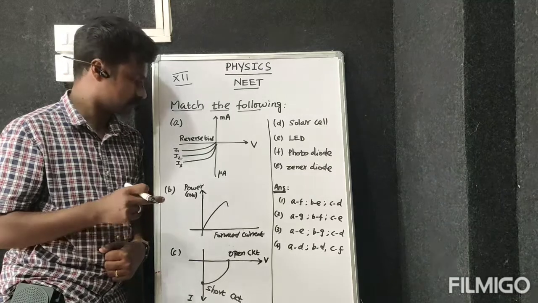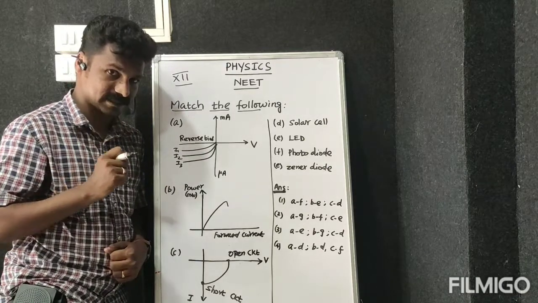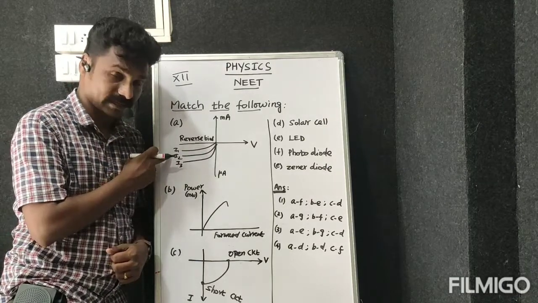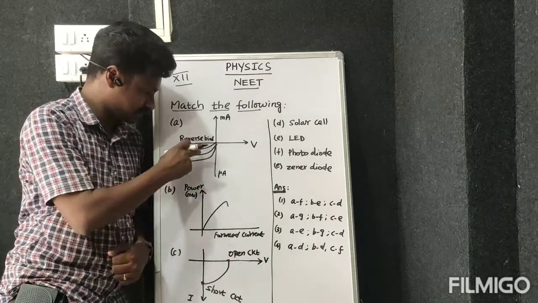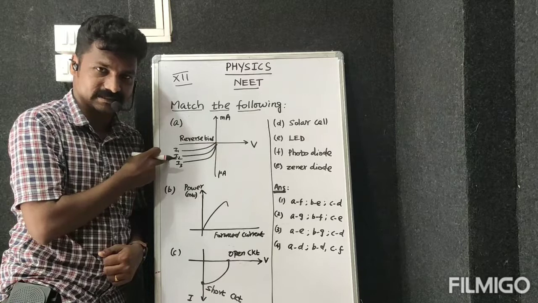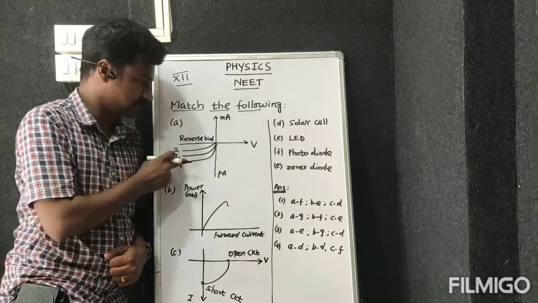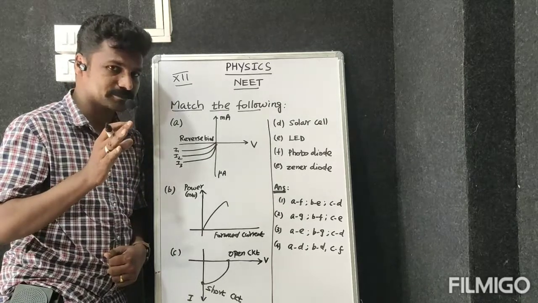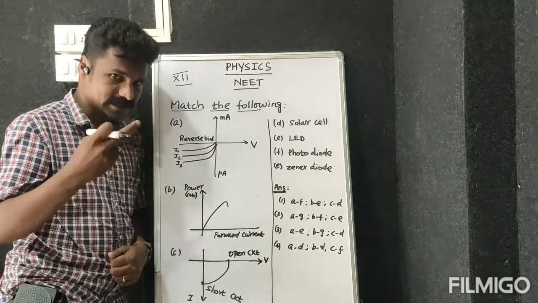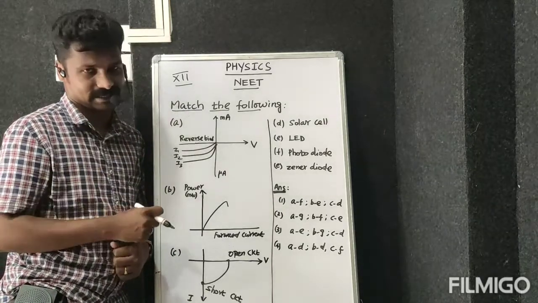There is some relationship between light as well as current. Here the current is changing, so there is a relationship between light and current.